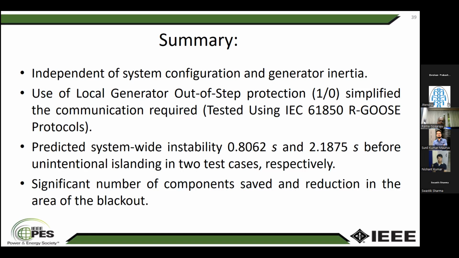We are only communicating the zeros and ones. So we implemented it using the 61850 routable GOOSE, the substation-based routable GOOSE that is available now. Recently, it has become part of the standards. So we implemented using the routable GOOSE so that it simplifies the communication for the closed loop control.